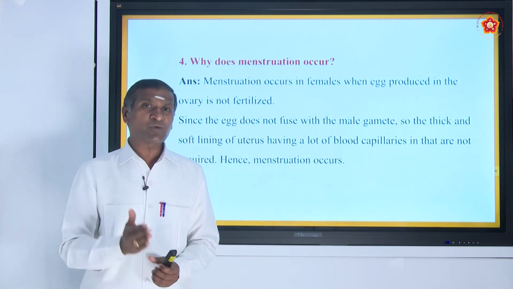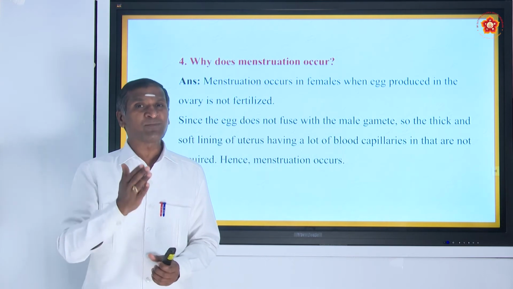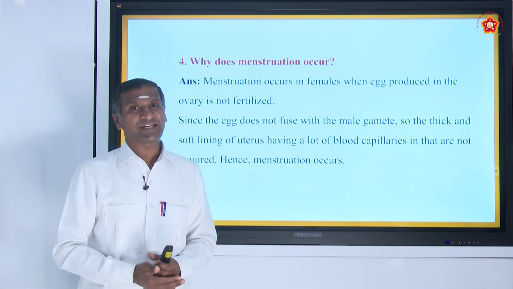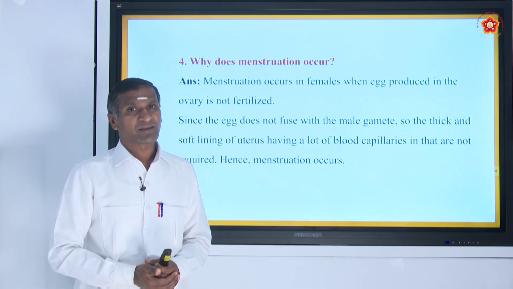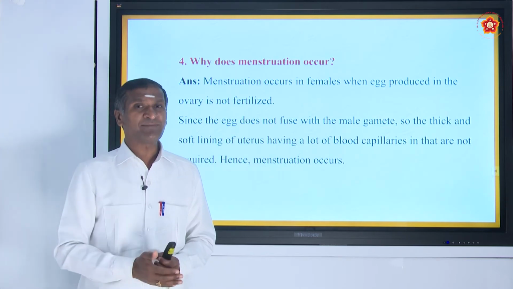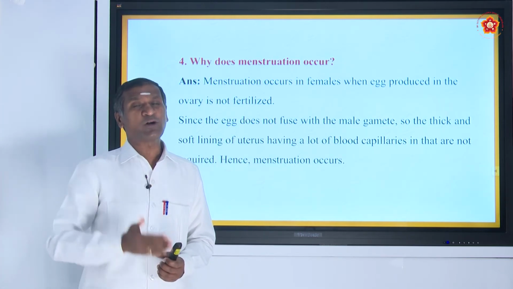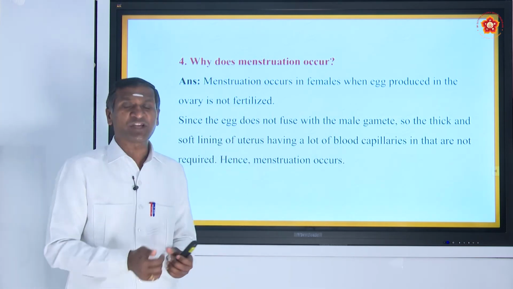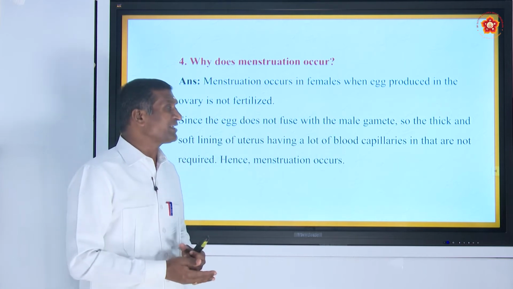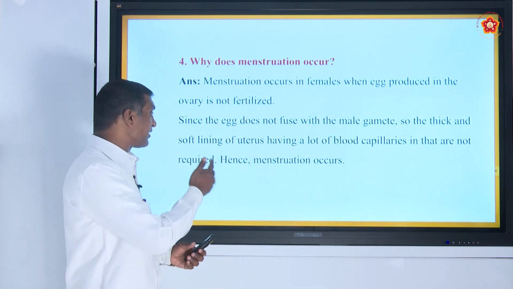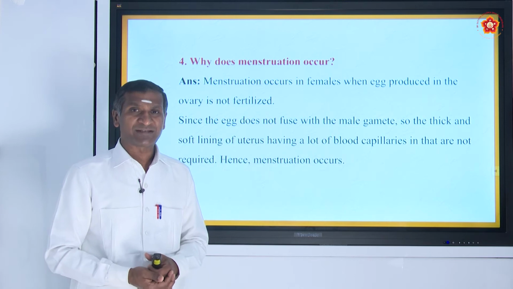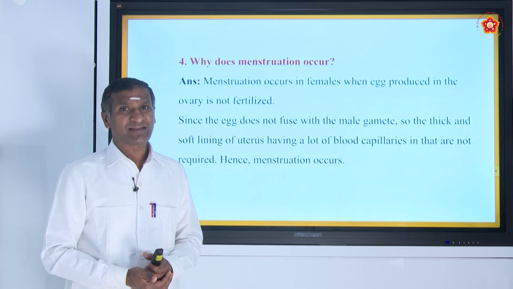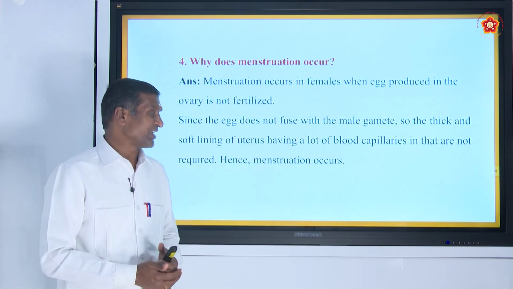When there is no fusion of ova and sperm to form the zygote, the thick and soft lining of the uterus with a lot of blood capillaries is not required at that moment. So they all get rid from that part in a process called menstruation.